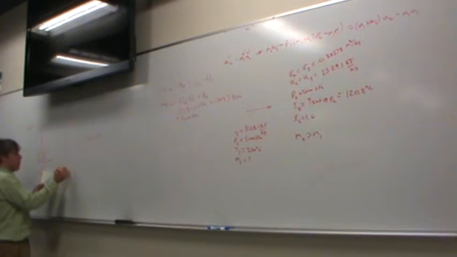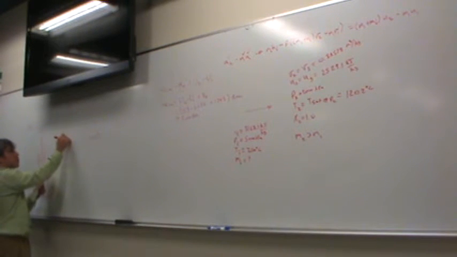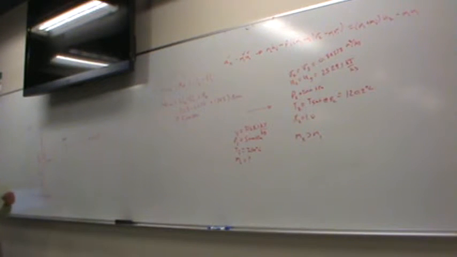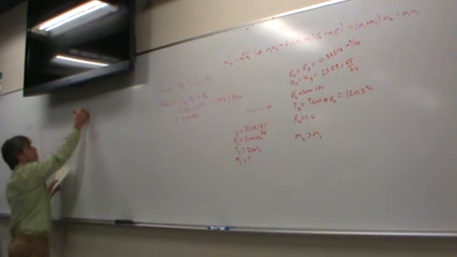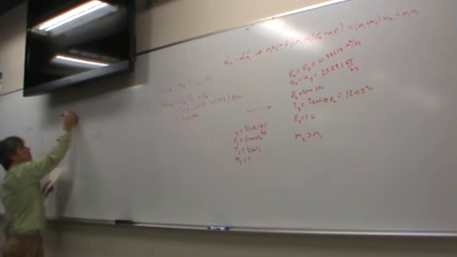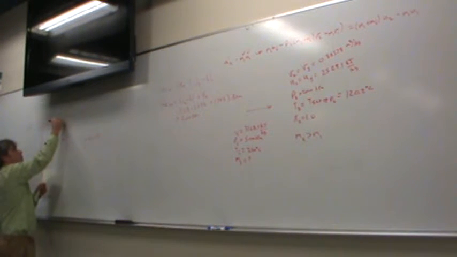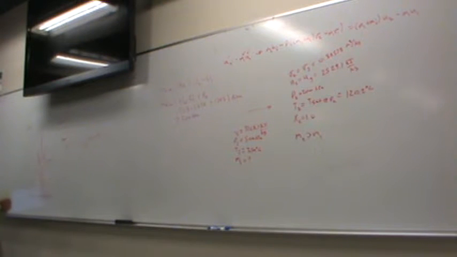At a volume of 0 cubic meters, the pressure is 300 kilopascals. But at a volume of 5 cubic meters, the pressure jumps up to 3,000 kilopascals.